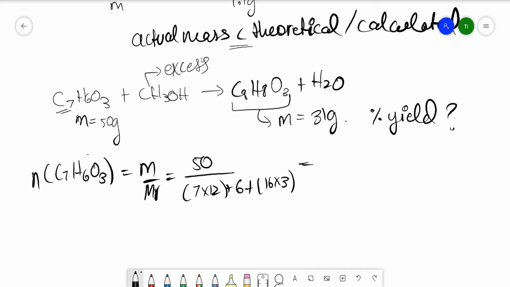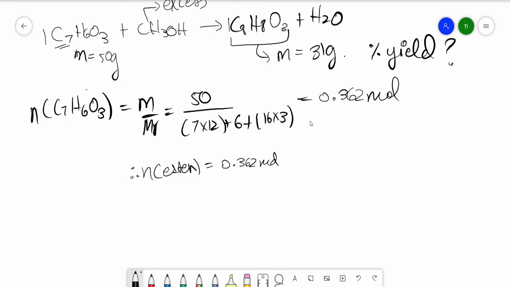And when you put that in the calculator, you should get 0.362 moles, right? And because this and this are in a 1-to-1 ratio, therefore the moles of the ester obtained is also 0.362 moles.